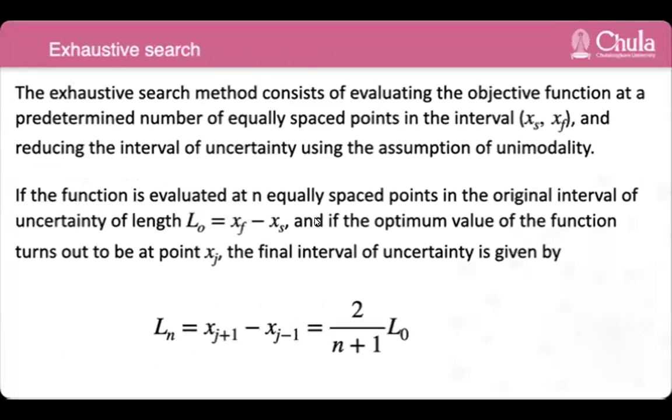And also we have exhaustive search. It depends on the number of points we evaluate. If we evaluate more points, of course, you can eliminate a larger area. But you have to trade off with computational efficiency, because evaluating the objective function costs computation.